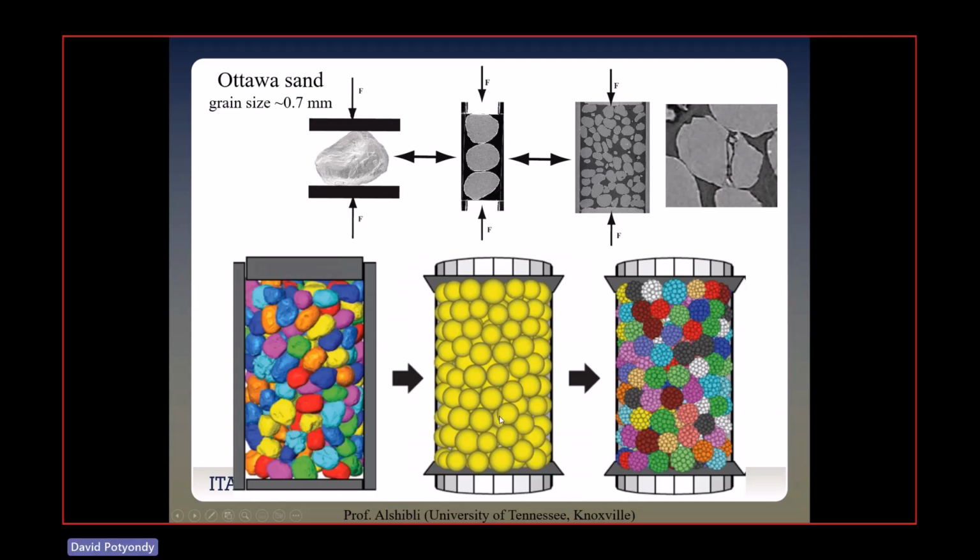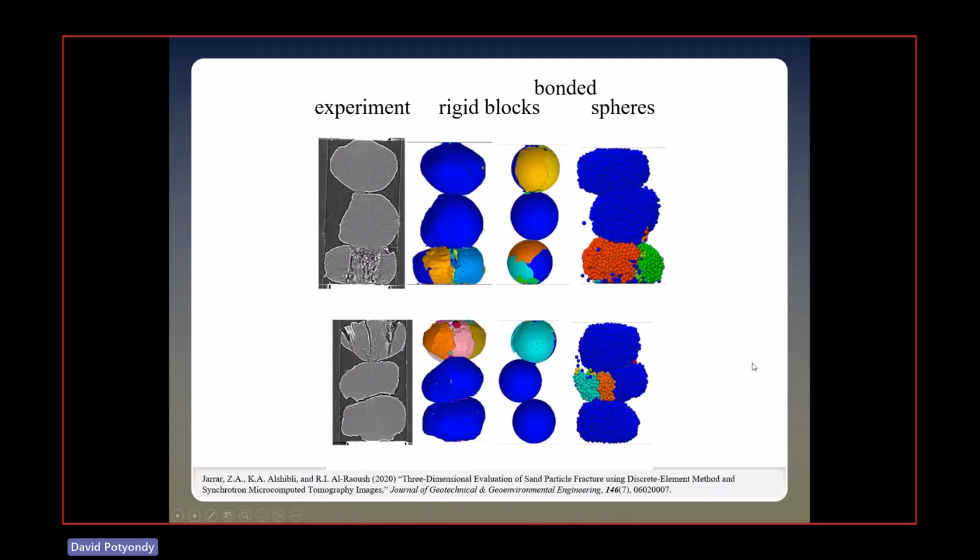Then what he says is, oh, wait, but I want to let each of those particles break. So each sphere gets replaced with a cluster of smaller spheres that are bonded together. Okay, they look like raspberries. And so these are the sorts of models that he has worked with. And then he's even done an additional bit of work where he represents, instead of making them clusters of spheres that can break, he takes this, and this is a rigid block.